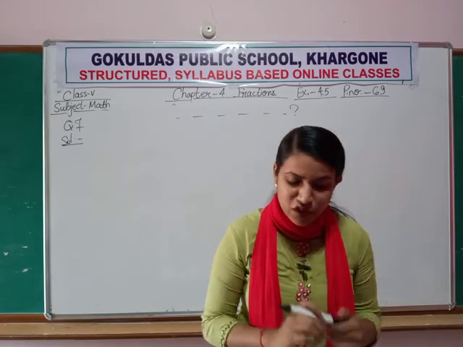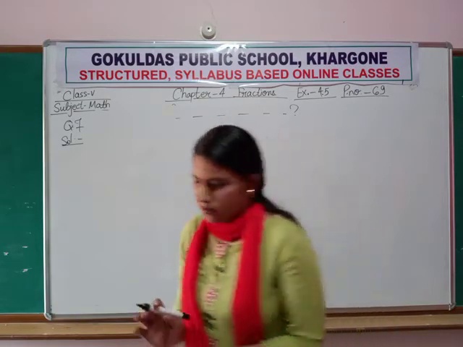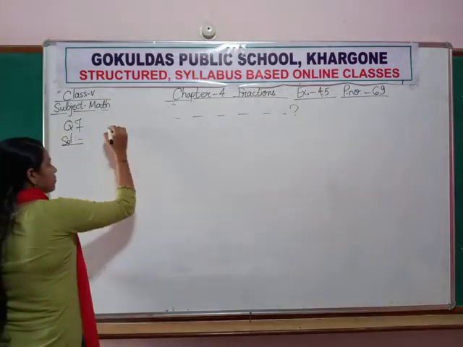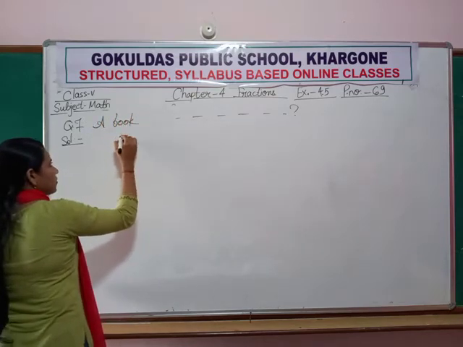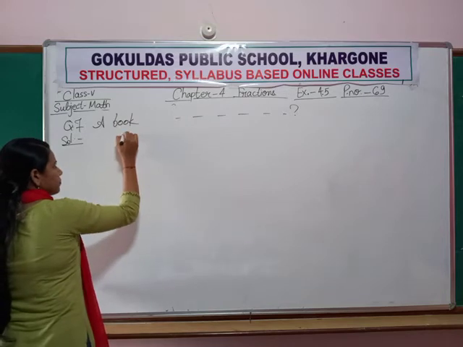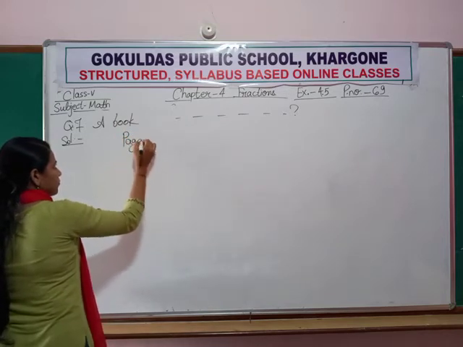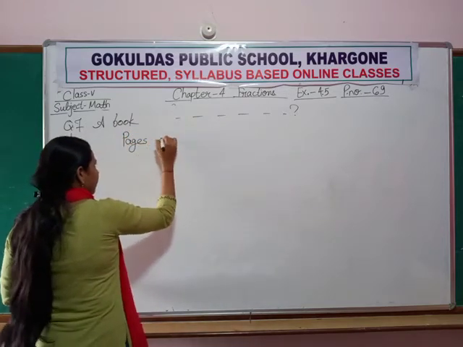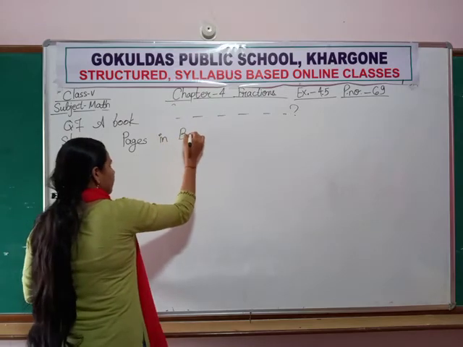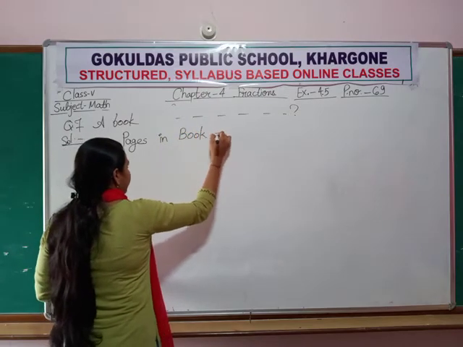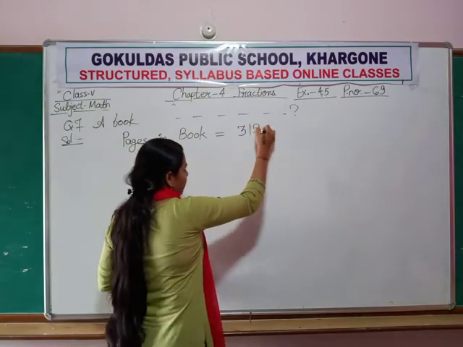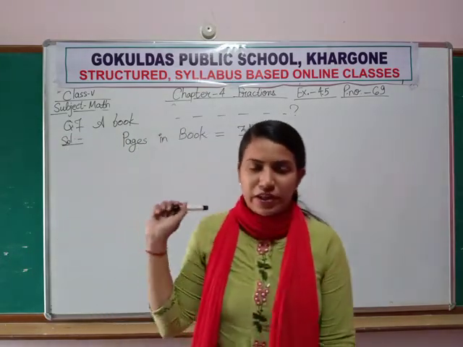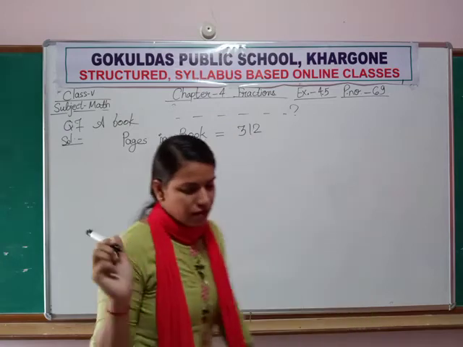So how many pages do not have pictures? A book contains, how many pages in the book? 312. Total pages are 312.